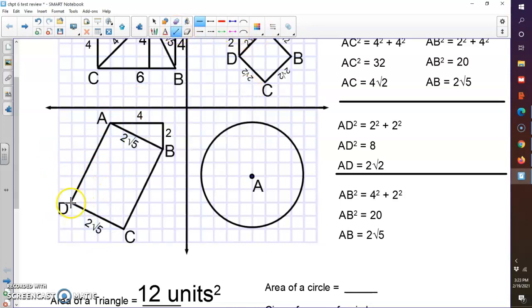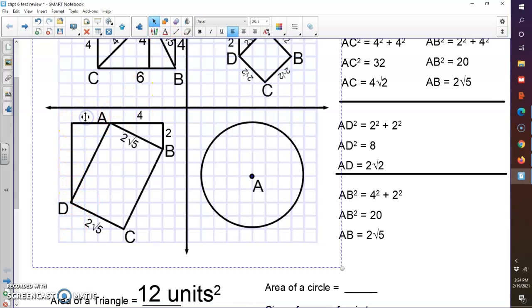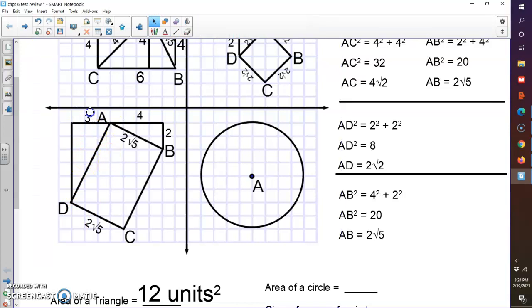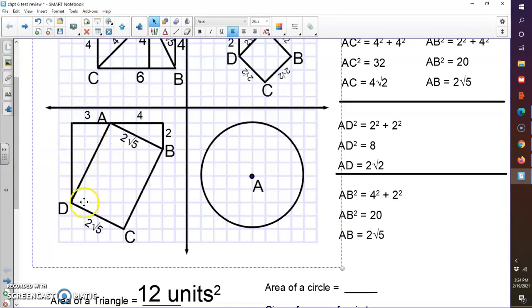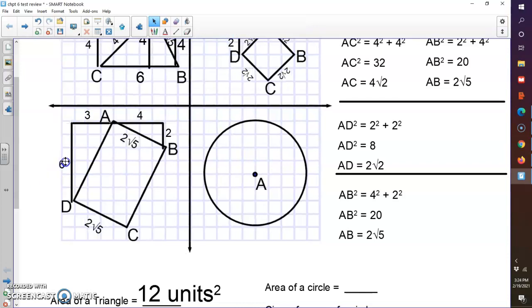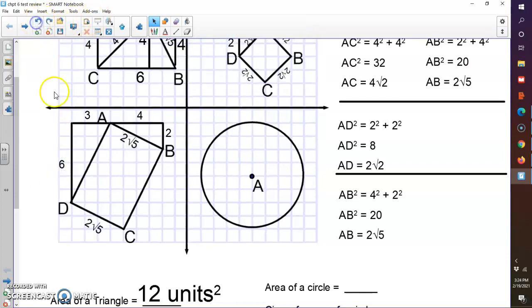So as I do that one, go up and over. Okay. So this one right here, up 1, 2, 3, 4, 5, 6, and over 3. So this line right here is 3. This line right here is 6. All right.